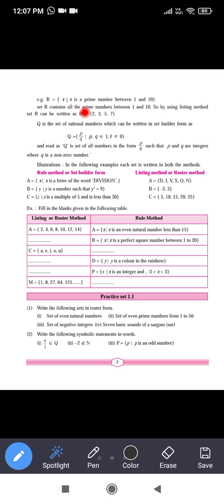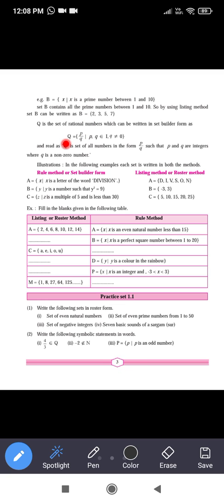Here the divisors are more than 2, so 4 is not a prime number, it is a composite number. So the prime numbers between 1 and 10 are 2, 3, 5, 7. Now this is written in the rule method and this is converted into the listing method.